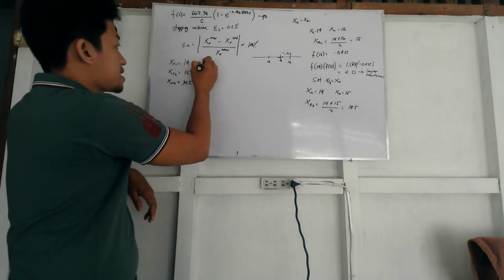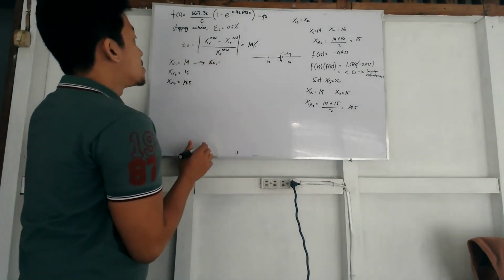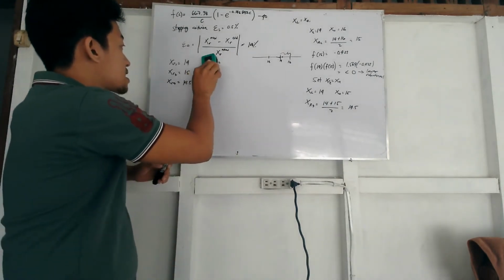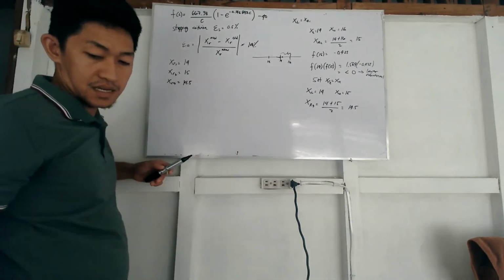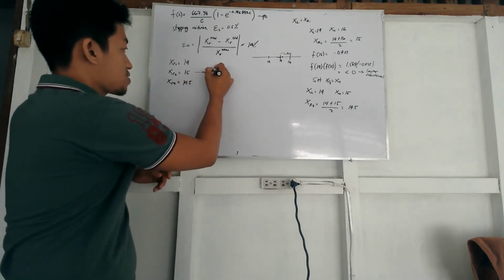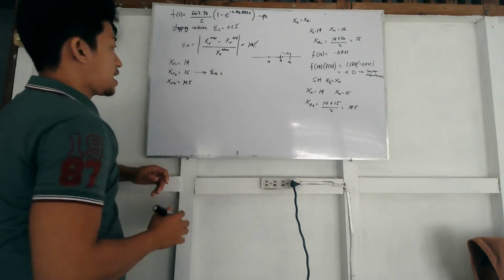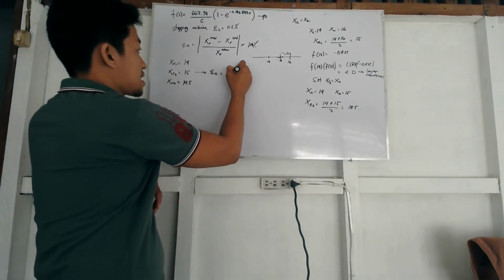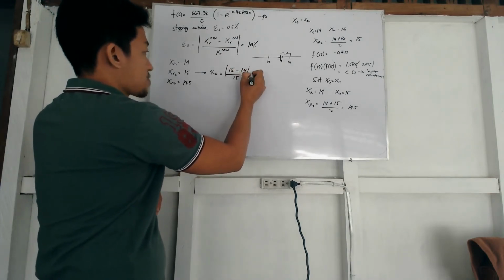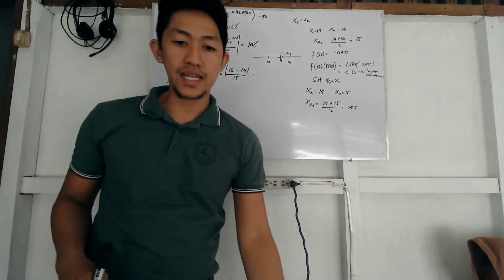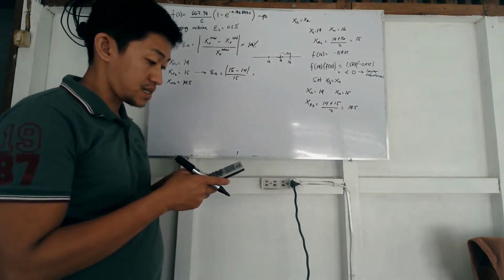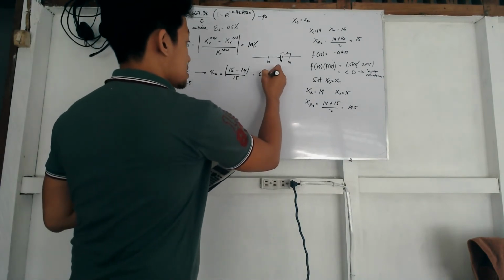So the corresponding error, after getting the new root, EA is 15 minus 14 over XR new 15, so 1 over 15. 1 divided by 15 times 100 is 6.67%.